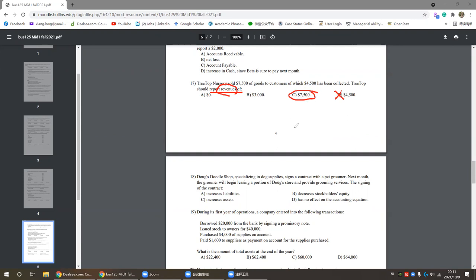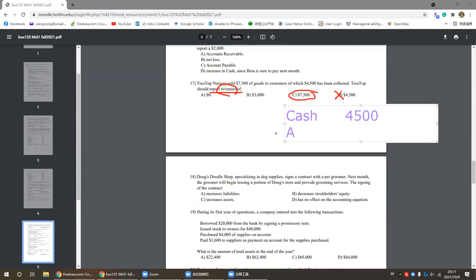So how should we write the journal entry? At the very beginning, we sold our goods and we only received 4,500. So our cash will be increased by 4,500, so we need to debit our cash by 4,500.